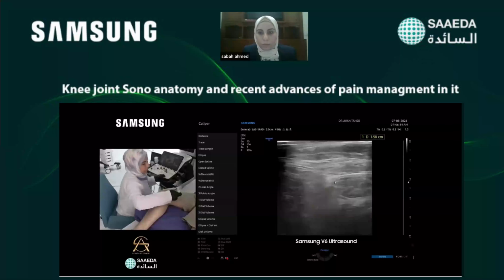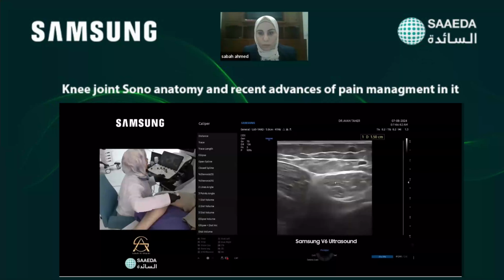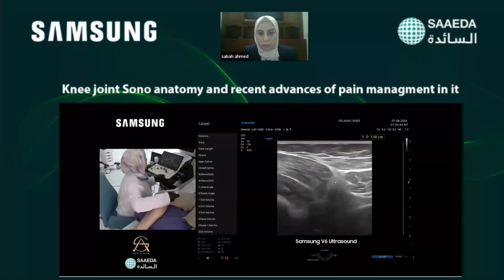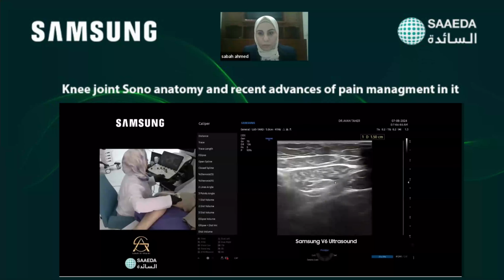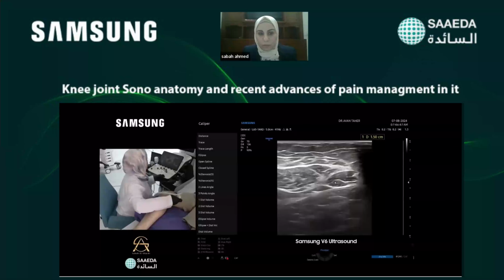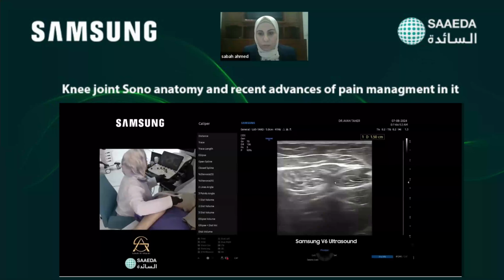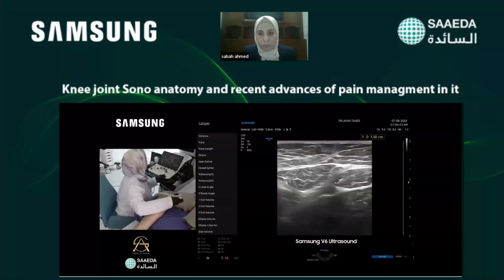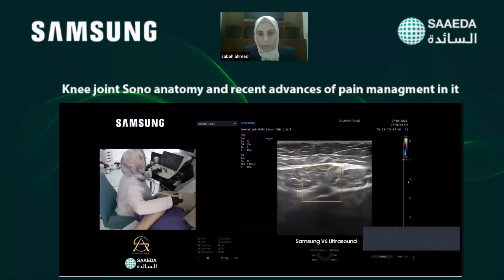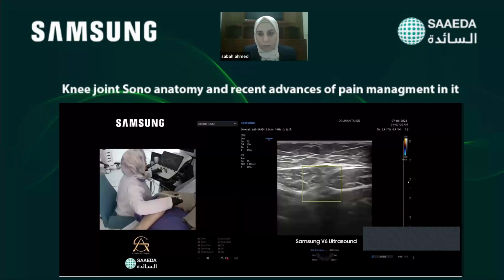How to find it? By going to the adductor canal. You should see the femoral artery just above the knee joint in the medial part. So this is the femoral artery, open color Doppler. This is the femoral artery.